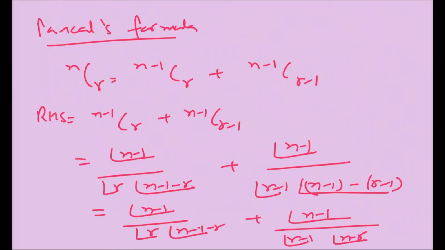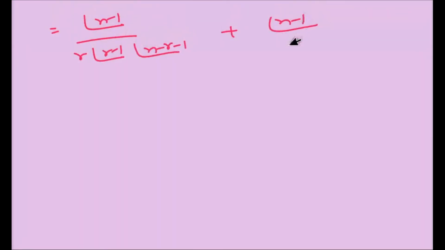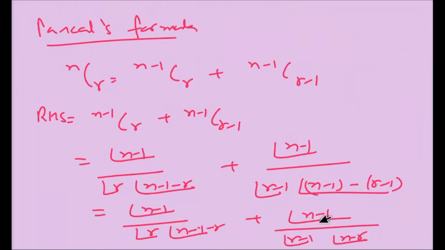So we can write here factorial n minus 1 upon R factorial R minus 1 factorial n minus R minus 1. We can check it before, R minus 1, and open one step.